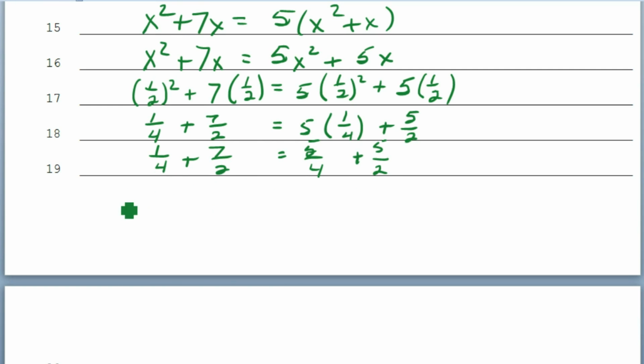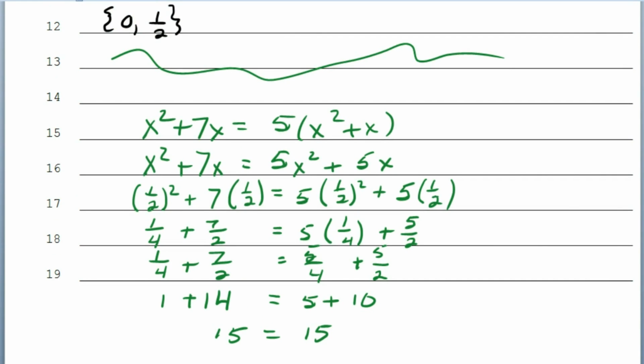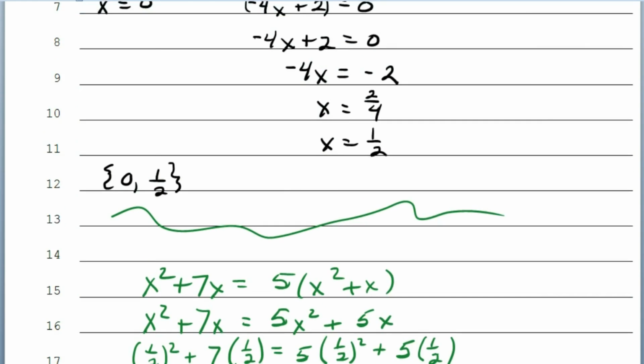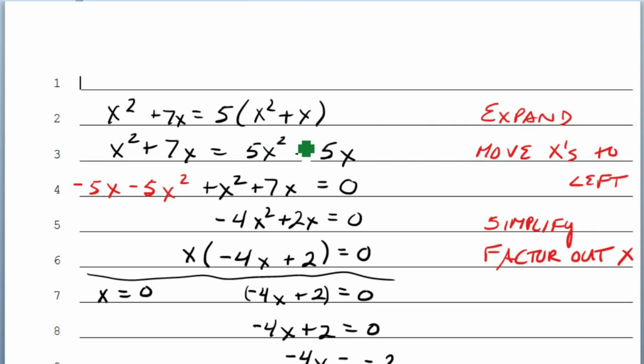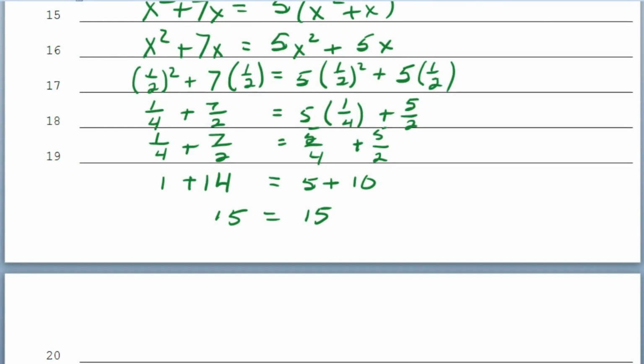The greatest common factor is 4. And we get 1 plus 14 equals 5 plus 10. 15 equals 15 is a true statement. So x equals 1/2 is a true solution, it makes the equation true. So this equation, x squared plus 7x equals 5 times the quantity x squared plus x, has two solutions, 0 and 1/2.